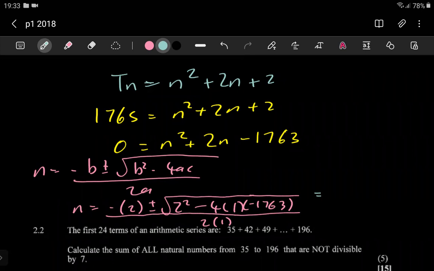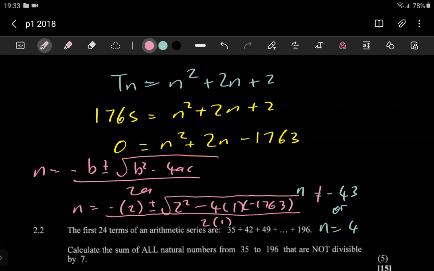let's see here. Well, the first answer is definitely going to be invalid, because I think n is negative 43. The other one is going to be a 4, but this one we have to disregard.